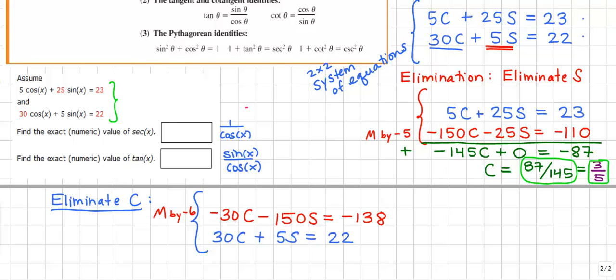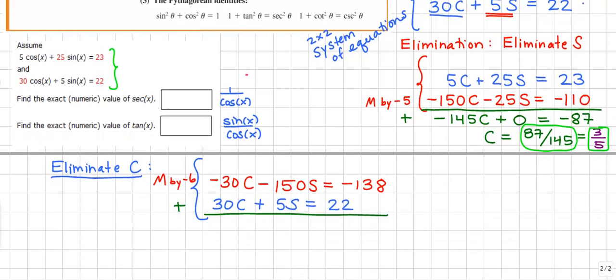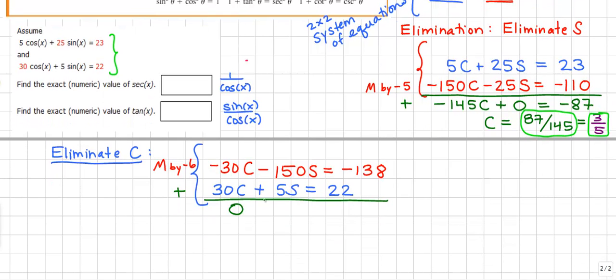Now let's do as we did before. Let's combine these equations. We would have 0 minus 145s equals negative 116. So the value of s is positive 116 divided by 145, which is perfectly fine as an answer, or you could reduce to obtain a reduced value of 4/5.